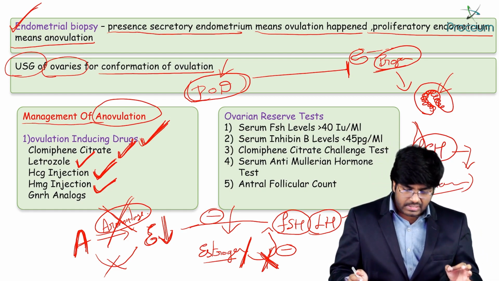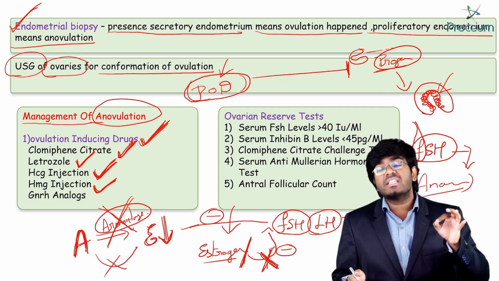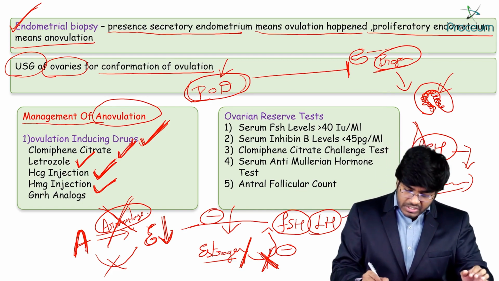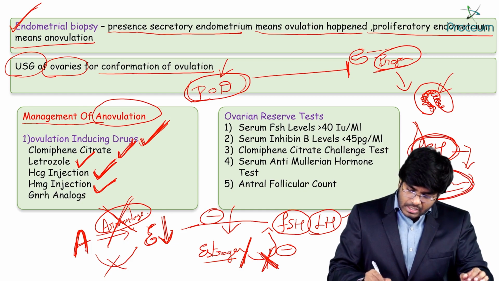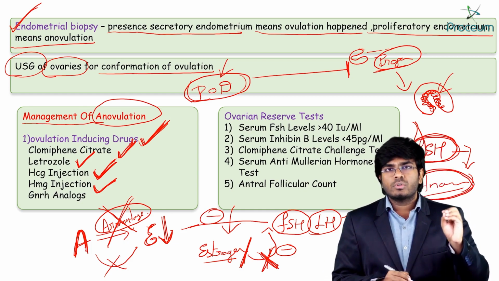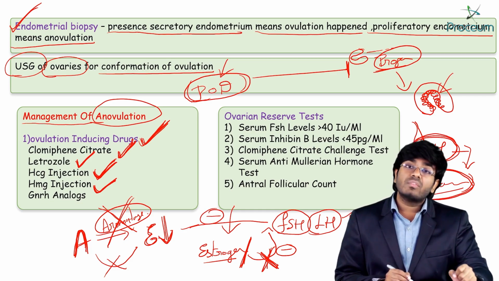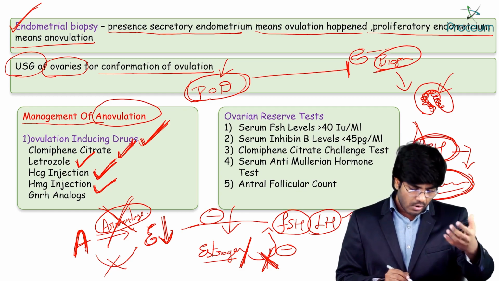Please concentrate, guys: human menopausal gonadotropin is nothing but the FSH extracted from the urine of postmenopausal women. So this FSH will stimulate ovarian follicles, because it's a follicle stimulating hormone, so that she will ovulate.